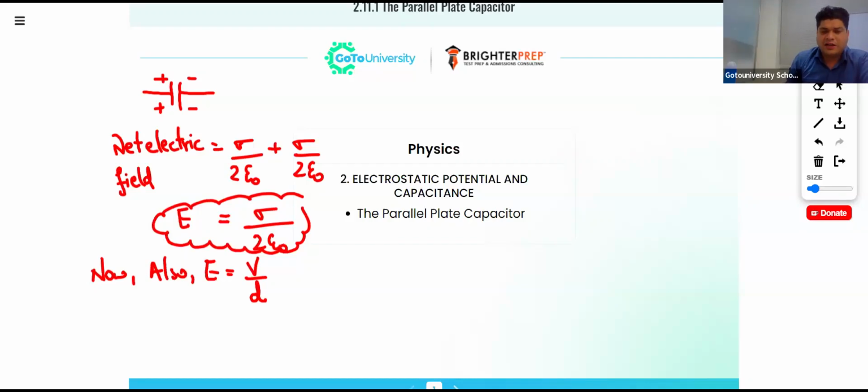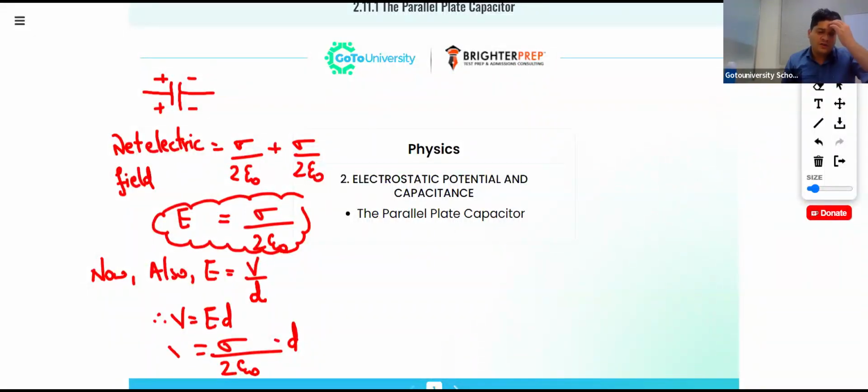So now what you can write is V equals ED. In place of E, you can write sigma over 2 epsilon naught, into D. So your V value is sigma over 2 epsilon naught into D. That means your V can be written in place of sigma.